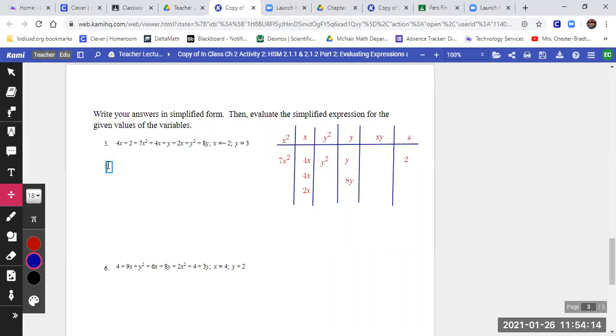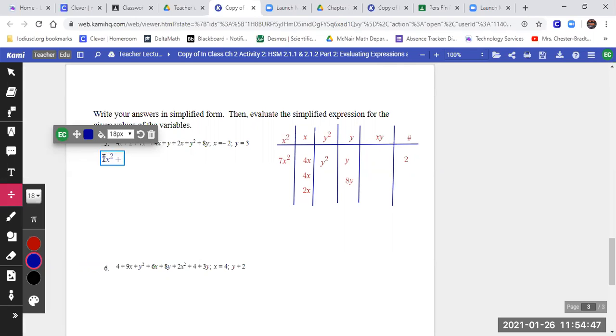What's the first thing we're going to write? What's our first column say? Do we have anything we're changing? Are we combining anything for the first column? No. So we're just going to do a 7x to the second power. Yes. Arrow off. Plus.